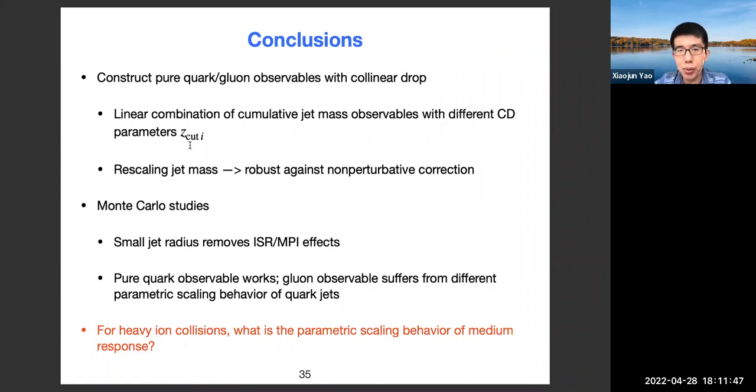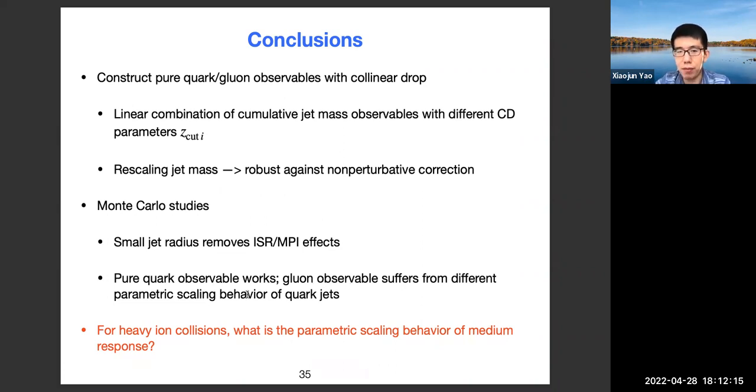The key idea is to use different Z cut parameters, but rescale the jet mass such that it is robust against non-perturbative corrections, so the non-perturbative effect becomes a common factor in the linear combination. Then I showed you some Monte Carlo studies of these observables. We use a small jet radius to remove the ISR and MPI soft contamination. And it turns out that the pure quark observable works in PYTHIA, but the gluon observable does not work.